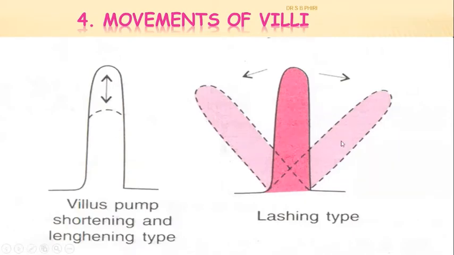If you have unilateral contraction of those muscularis mucosa, then you are going to have side-by-side movements. These are called lashing movements. They move like the wipers of a car. You know the way those wipers move. Even the villi can exhibit those kinds of movements, which are called lashing movements.